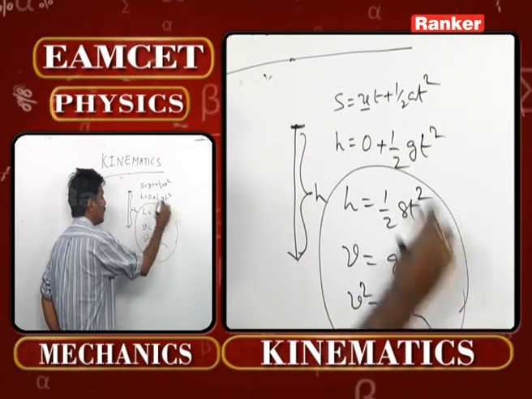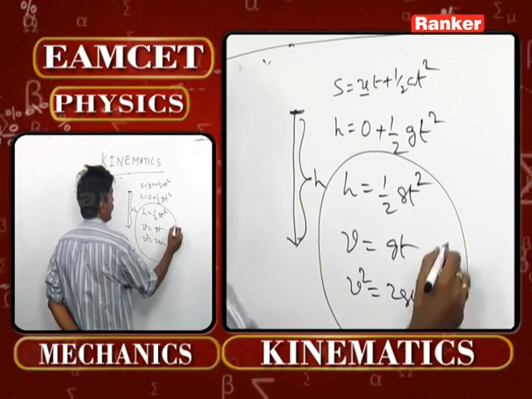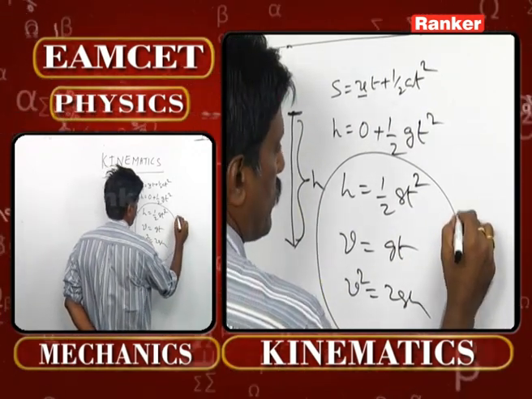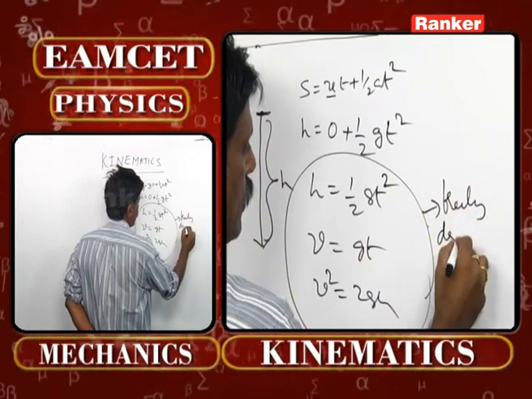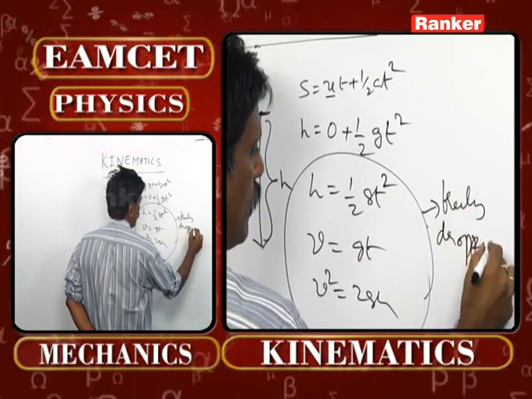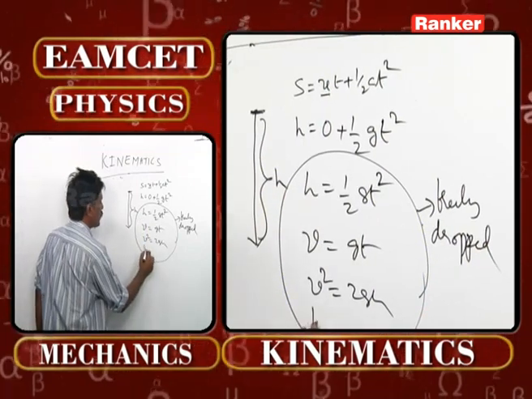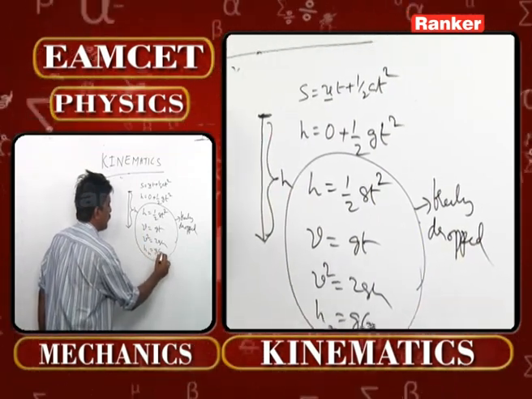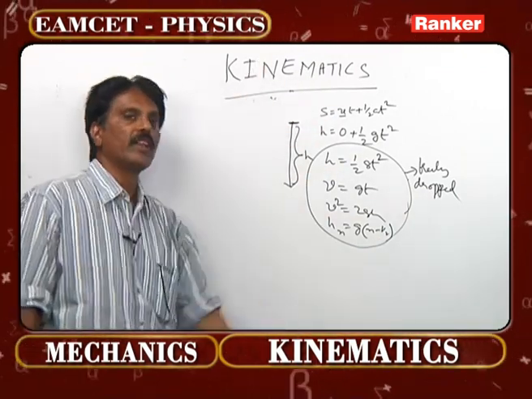This is the set of equations which you can use for a body which is freely dropped. Even hn is equal to g into n minus half. So this set of equations is always for a freely falling body.